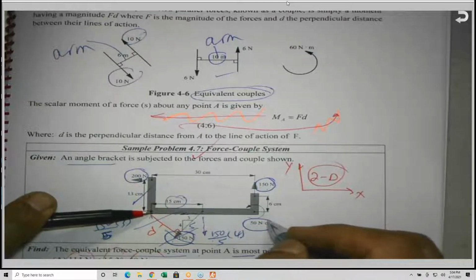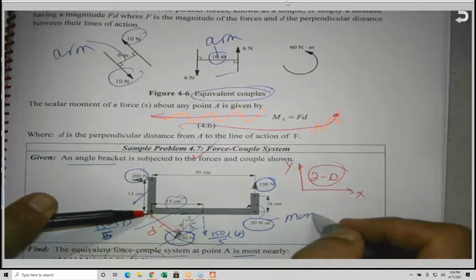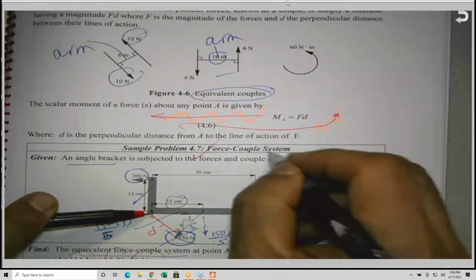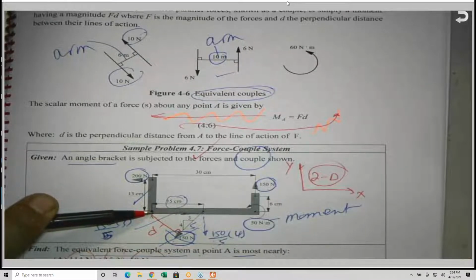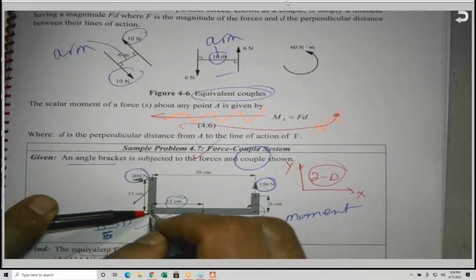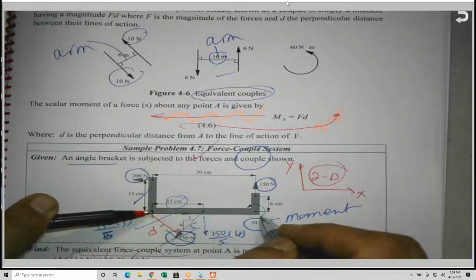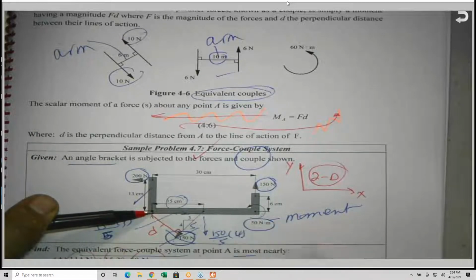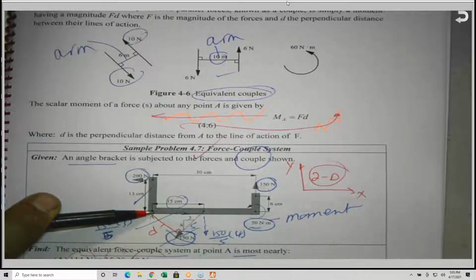But when you come to this moment here, a moment or couple is acceptable. He said a couple. This is already a moment. Because the moment is a free vector, you transfer it to any point along the beam or section with its magnitude and direction as given. So I don't multiply the moment by another distance, because it is already in Newton meters.